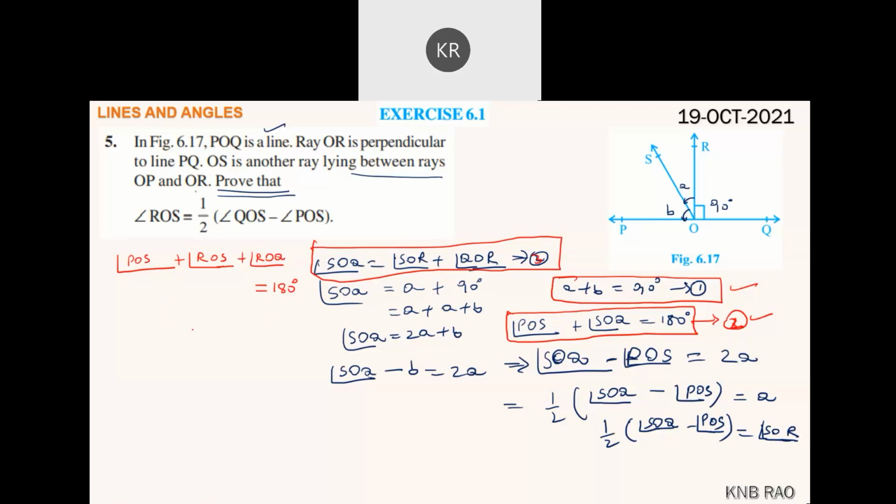Then angle POS, here B, plus angle SOQ. Two A plus 2B is 180.